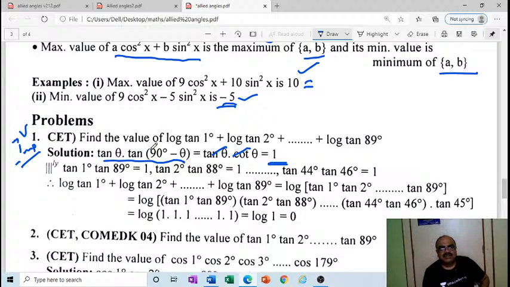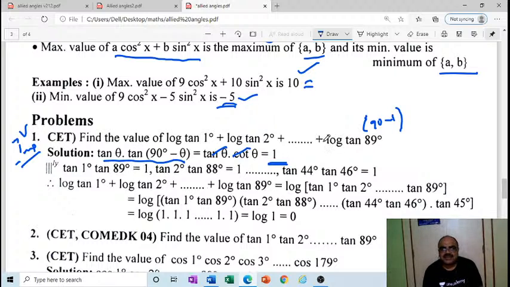See log 1 plus log 2. This can be taken as 90 minus 1. So log of tan 1 into log of tan of 90 minus 1, which is actually equal to 1.